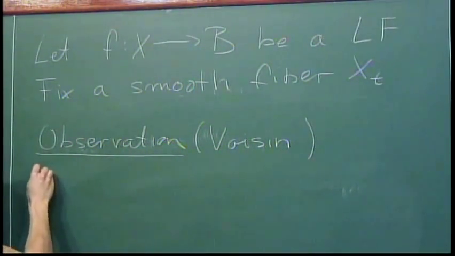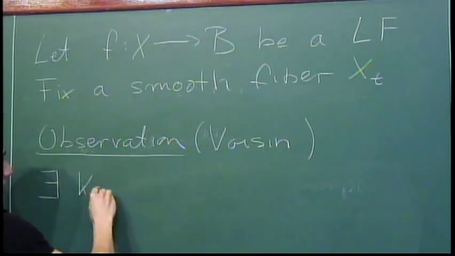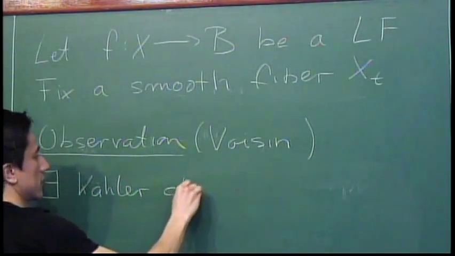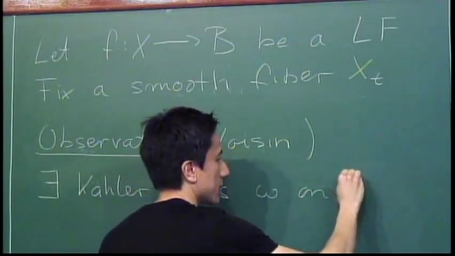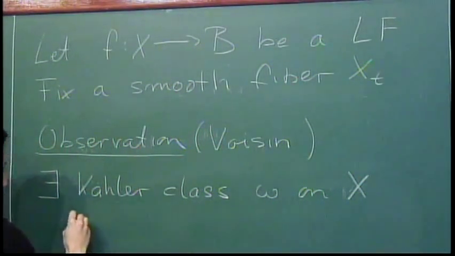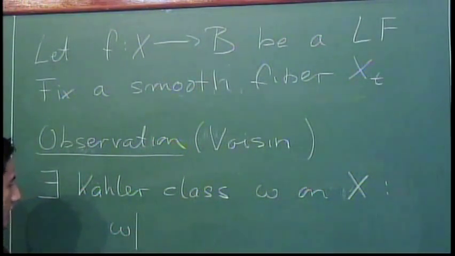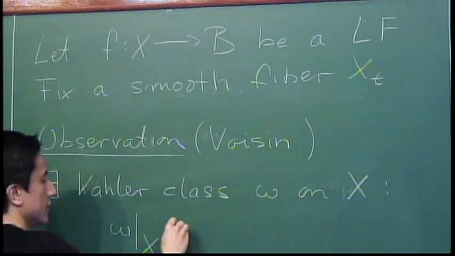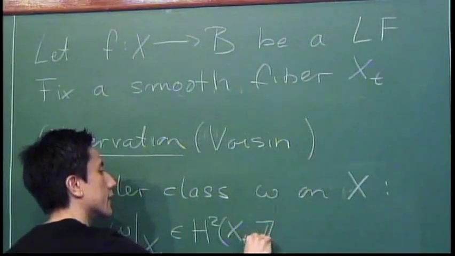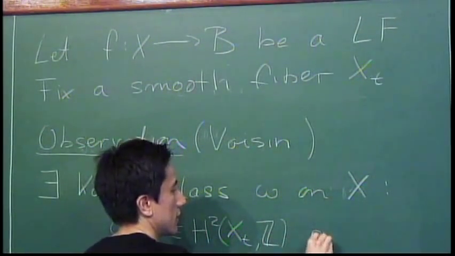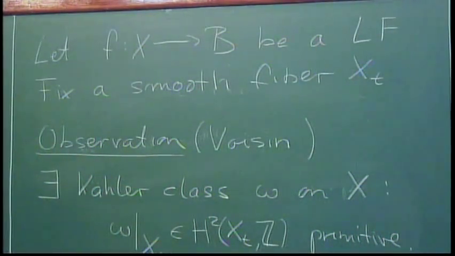This says that there exists a Kähler class omega on our hyperkähler manifold X, such that the restriction of this Kähler class to X_t is integral and primitive.